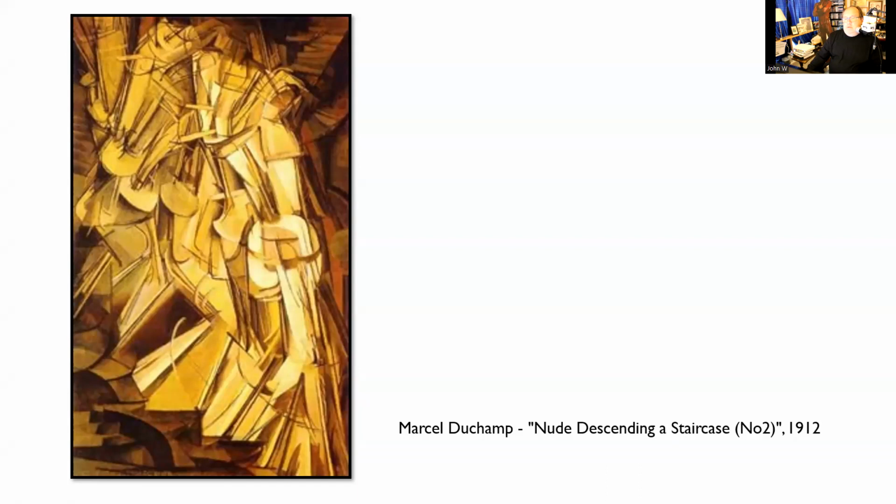So Marcel Duchamp didn't just throw this together. There's thought in it. There's planning. There's shape. There's repetition in it. Even though this looks like a mixture of different shapes, there's enough repetition in it to make it look like there's movement going on here.